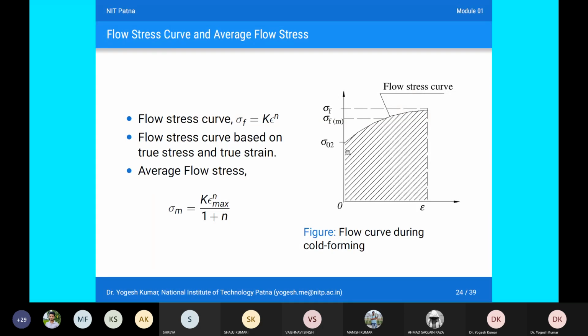Here there are a few terms which are important and needed while predicting your material behavior in metal forming processes. We are aware that the flow stress is given by sigma equal to K epsilon to the power n. So you can write it as the flow stress sigma f is given by K epsilon n.